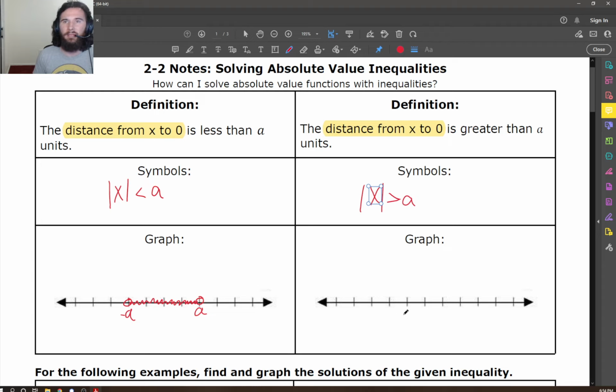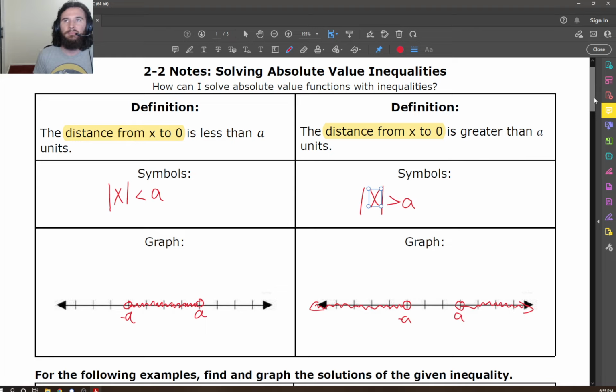It's the same idea down here, where it could be positive or negative, and it's also not inclusive, so open circles, but this time the inequality goes this way and this way. So x could be anything as long as it's not in between the two of these. And that's really all there is to it.